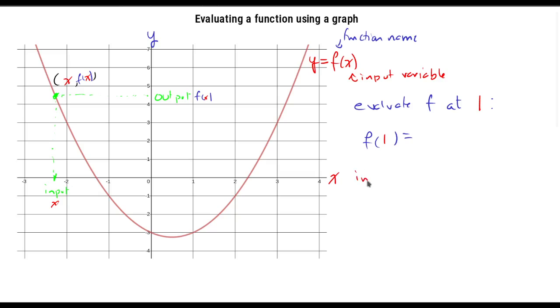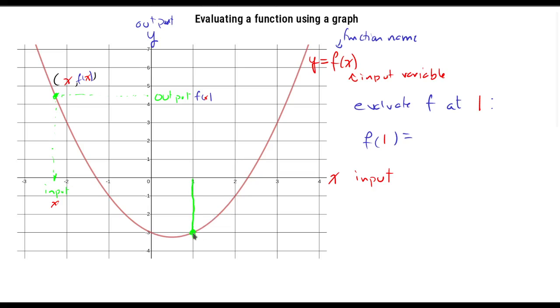So this is our input axis, and our outputs are the y-axis. All right, so we're looking for the input 1. So on the x-axis, we go to the 1 here. And then we look for the curve. We have to go down to get to this red curve. So we're just going to draw a vertical line straight down until we hit this curve, and put a dot there.